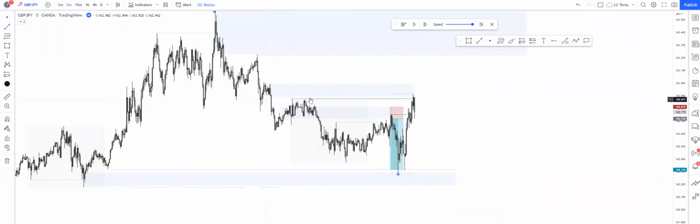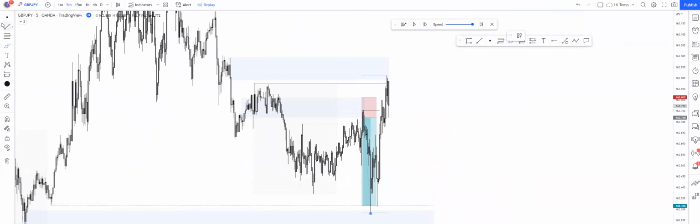So remember, these obstacles that are in the way of the overall bias are the reason these pullbacks occur. Notice this, this is very important. Let me just remove this real quick. We took out an external range point. We reacted off of a 1 hour, I believe, 15-minute or 1 hour. Yeah, 1 hour, 15-minute.